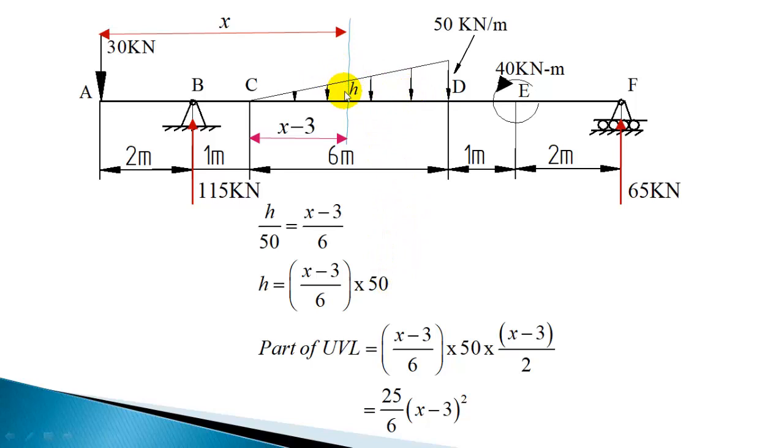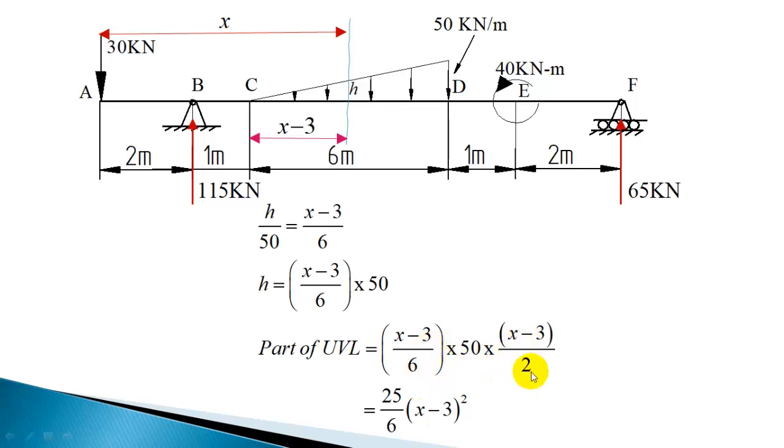Now after getting the intensity, you can calculate this part of the load as the area of this triangle. How do you calculate the area of this triangle? As half of base into height. The intensity is h, the base is x minus 3. So base into height divided by 2. The base is x minus 3, the height is (x minus 3) by 6 into 50, divided by 2.